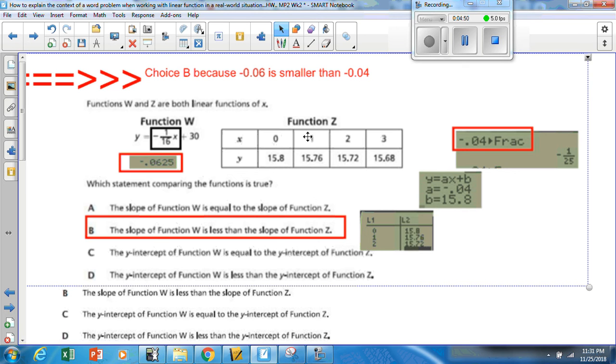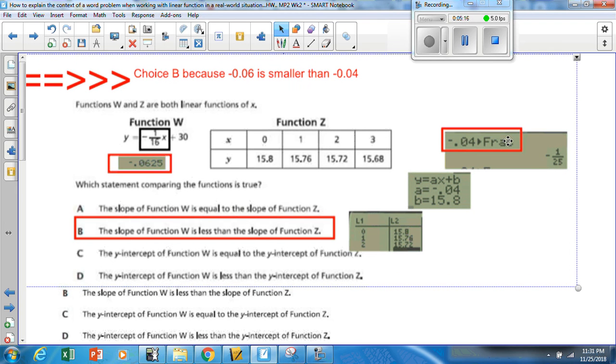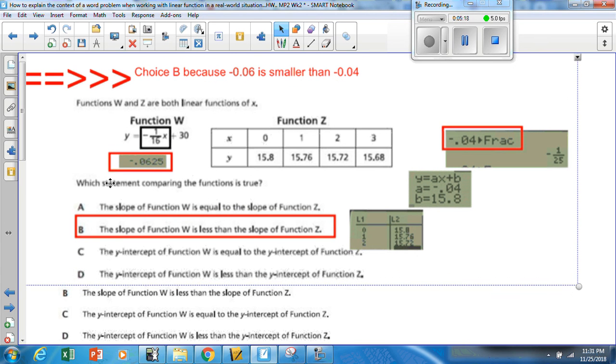If I take this table and put it into my graphing calculator under the stat key, hit stat calculate, hit linear regression, and generate an equation, that equation shows me that my slope is 0.04 and my y-intercept is 15.8. 0.04 as a decimal is actually bigger than 0.0625.